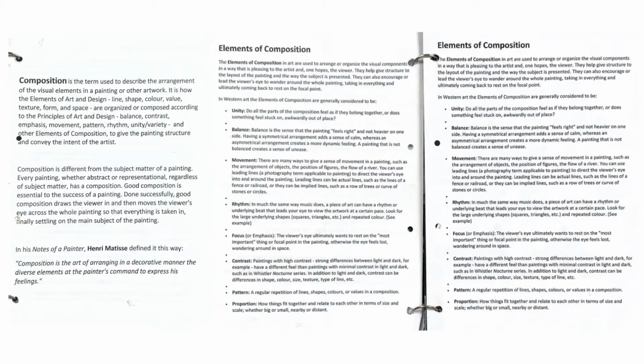The next page. These are some sheets explaining what composition is. The teacher printed those out and then I'm too lazy, so I just stuck them into my sketchbook to add more context into it.